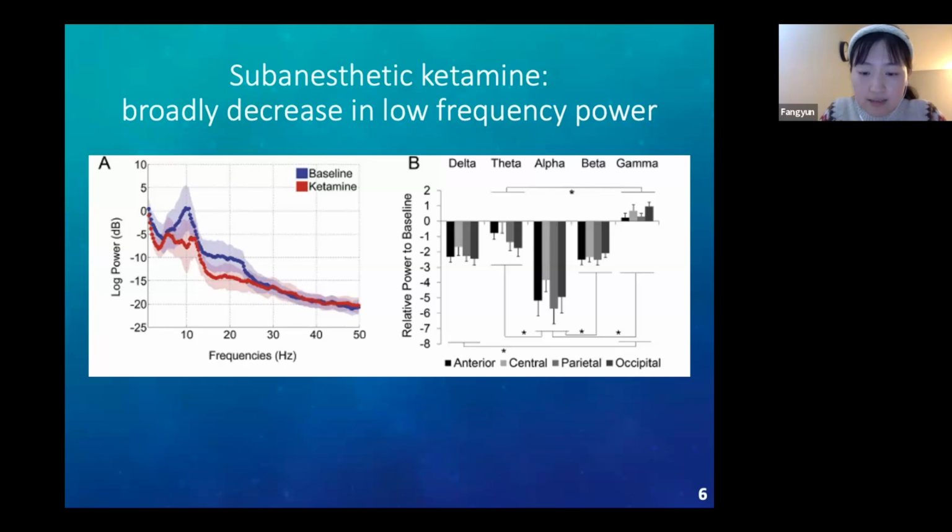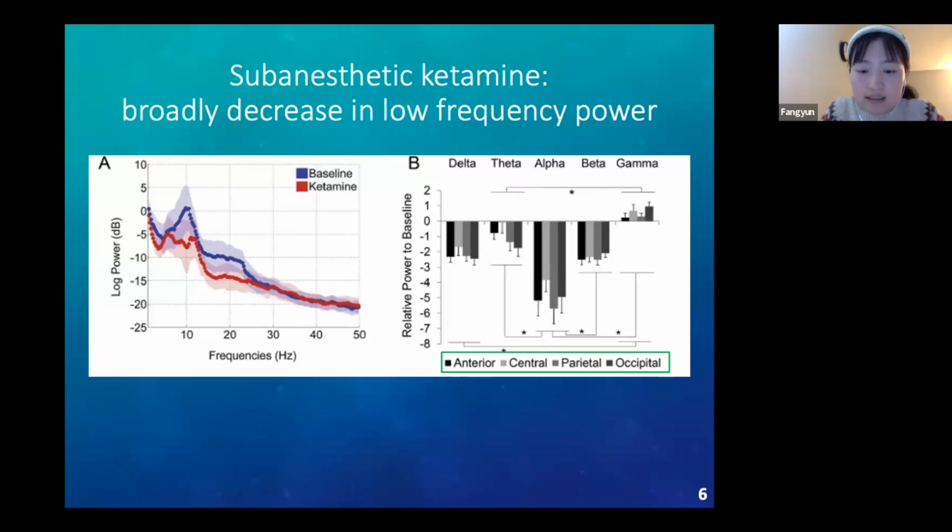They summarized the power changes at 5 frequency bands and 4 channel clusters: anterior, central, parietal, and occipital. Negative values represent a decrease in power compared with baseline, and positive values represent an increase in power.